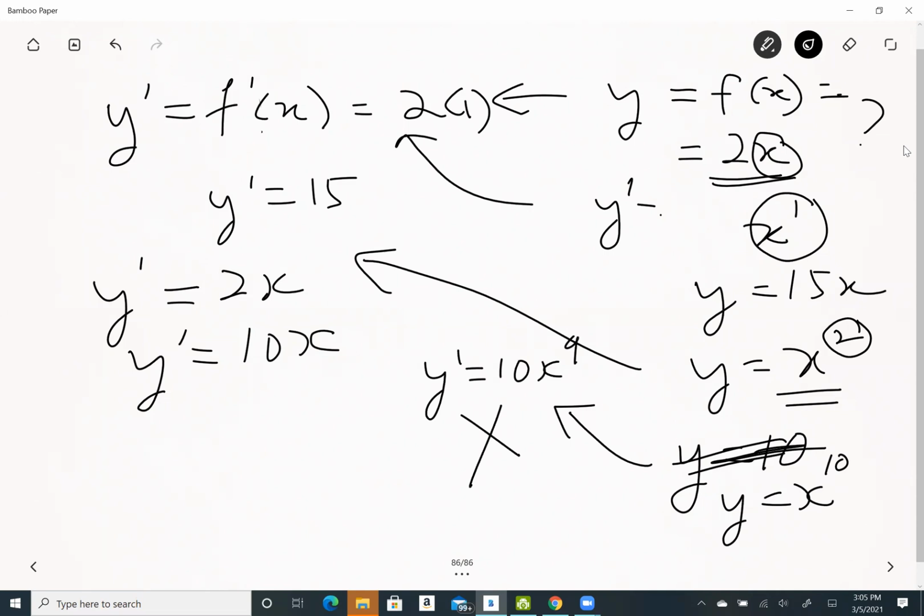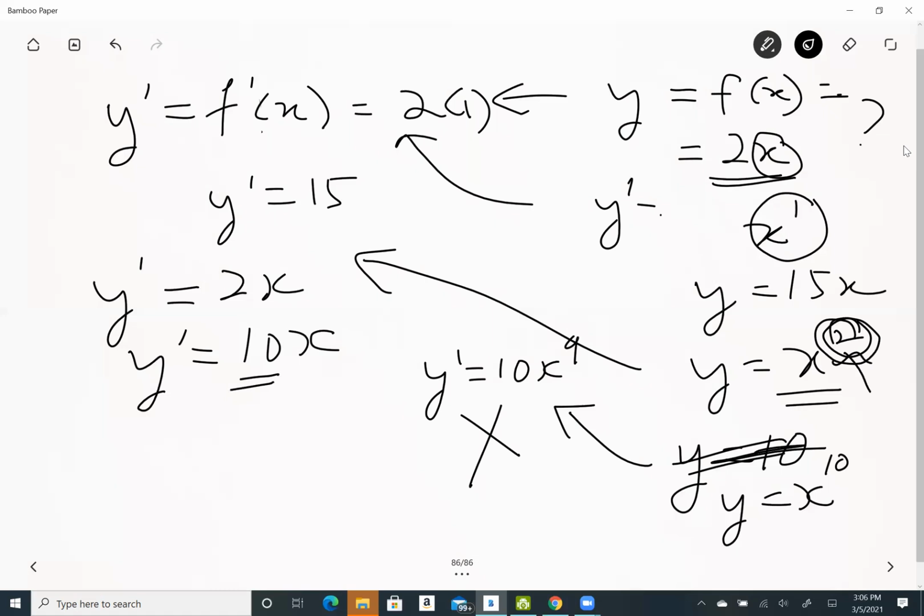Okay. So what is the power to the x here for the function? You should have what? X to the power of 2. Because when I take x to the power of 2, the derivative will be x to the power of 1. Of course, you need to bring down the power. The power must be 2. But you need the 10.